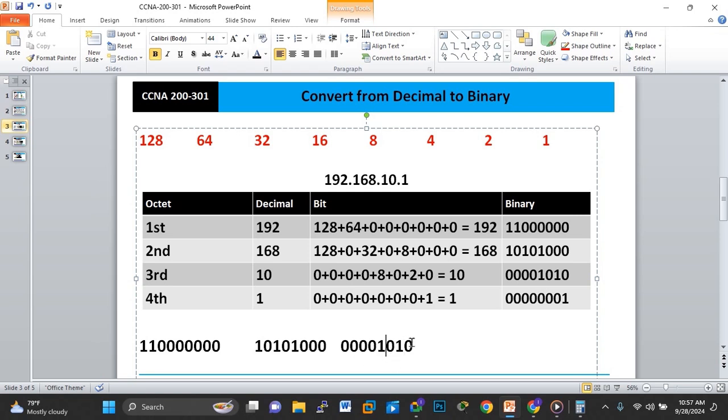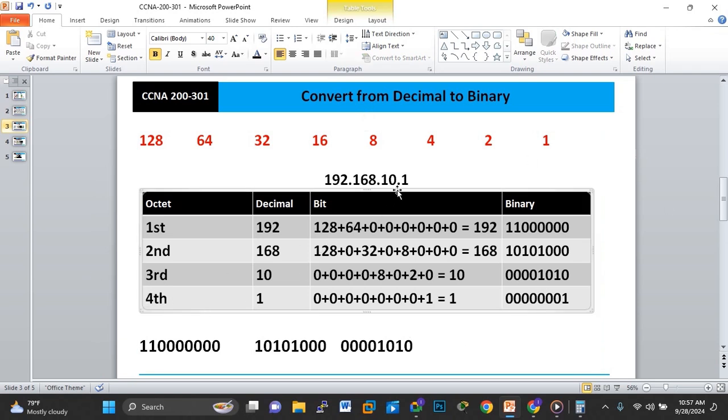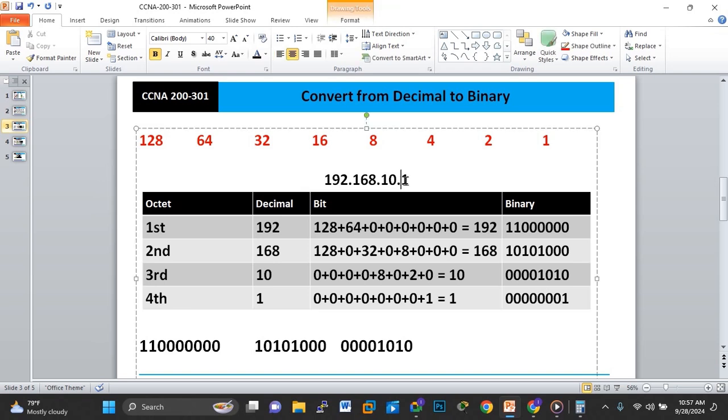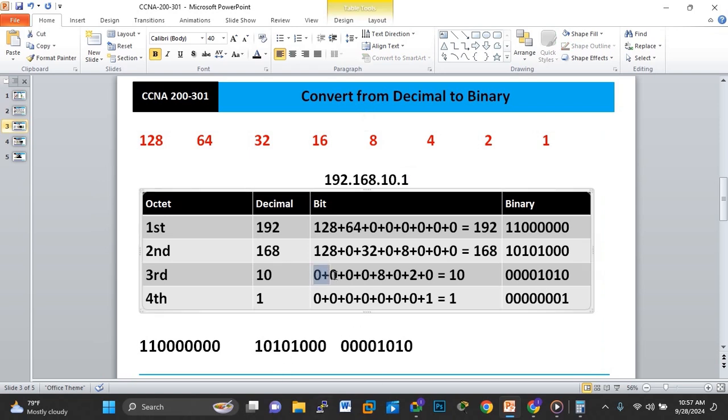Now we move to the 4th octet. The 4th octet is this last one here, dot 1. For the 3rd octet, you can see 0, 0, 0, 0, 8, 2, 0 plus 0 is equal to 10.